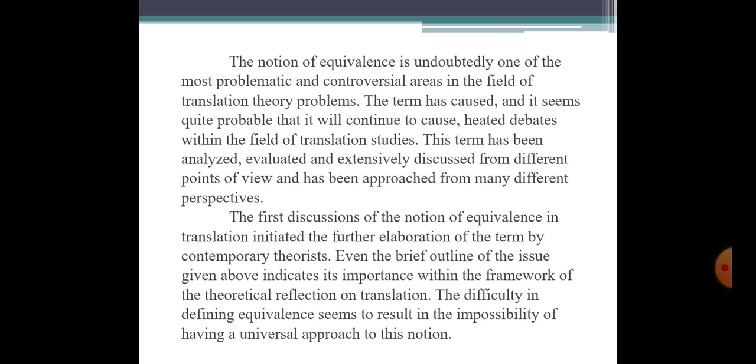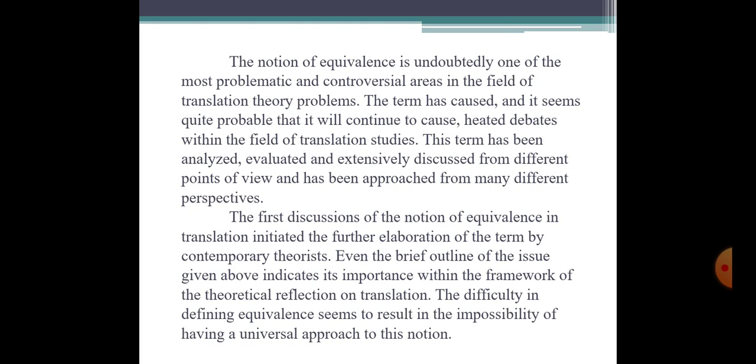The notion of equivalence is undoubtedly one of the most problematic and controversial areas in the field of translation theory problems. The term has caused, and it seems quite probable that it will continue to cause, heated debates within the field of translation studies. This term has been analyzed, evaluated, and extensively discussed from different points of view and has been approached from many different perspectives.